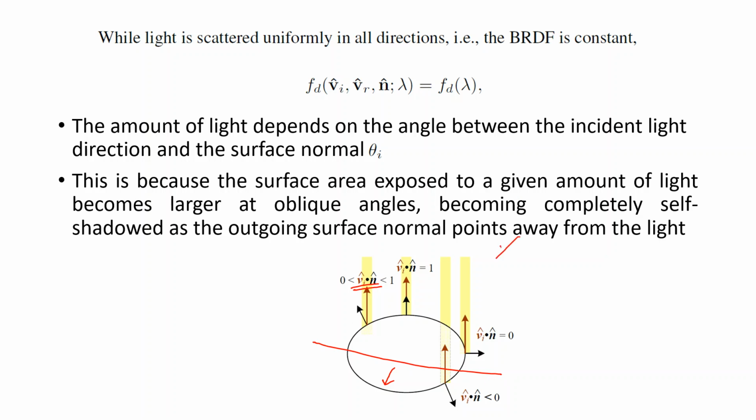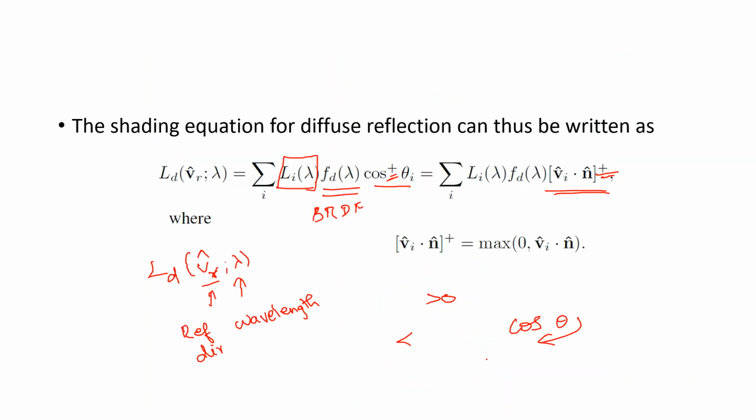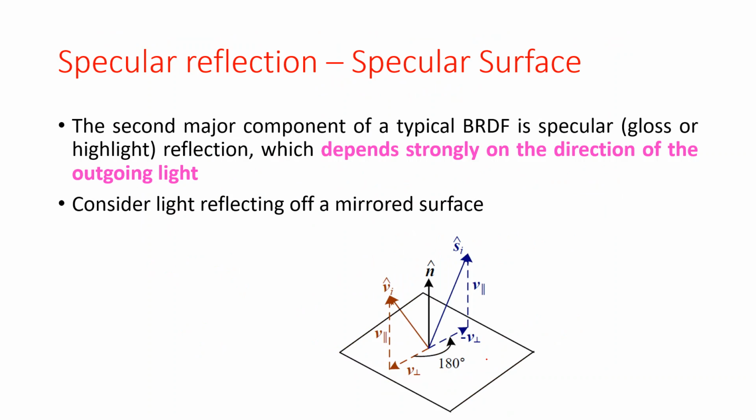If you are taking a picture from this angle, only this part will be covered, which means cos theta will always be positive. The part which is not covered in the image has a negative cos theta value. So cos theta is always positive when the image is captured by a camera, and the portions not captured by the camera have a negative cos theta.